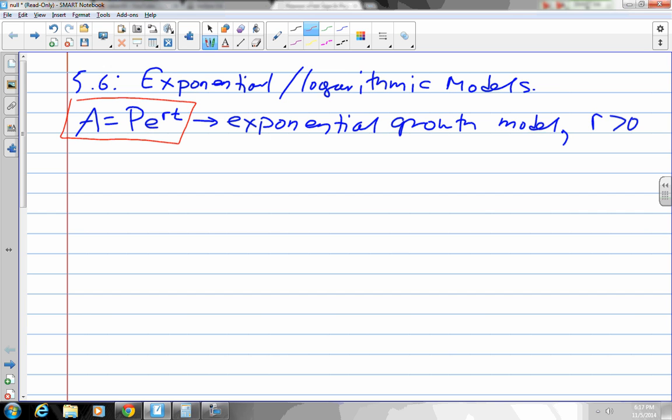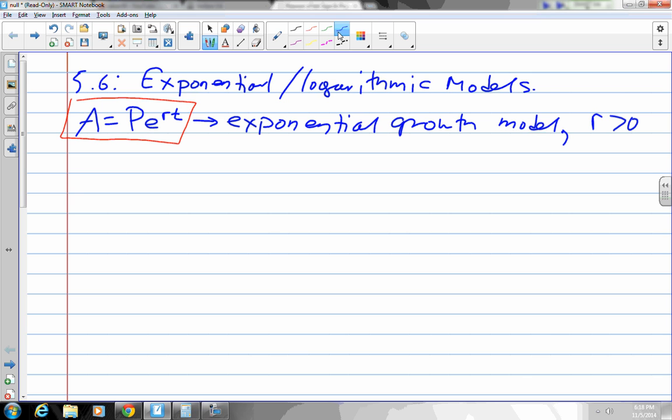This is really the exponential growth model. So for the positive rate, we assume that r is greater than 0. This whole thing will eventually grow to infinity, so things are growing exponentially. So again, it's the same formula we used for the interests. Now your book is going to relabel everything here.